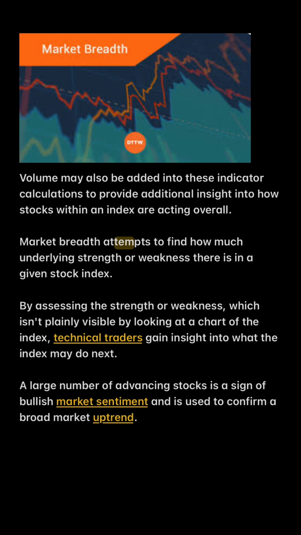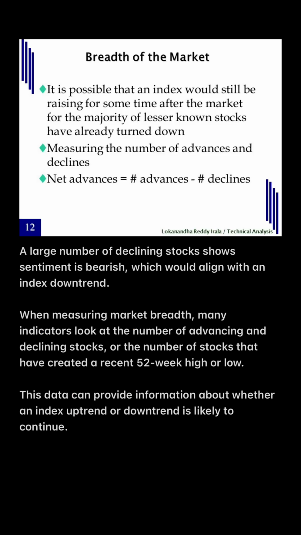By assessing the strengths and weaknesses, which isn't plainly visible by looking at a chart of the index alone, technical traders gain insight into what the index may do next. A large number of advancing stocks is a sign of bullish market sentiment and is used to confirm a broad market uptrend. A large number of declining stocks shows sentiment is bearish, which would align with an index downtrend.